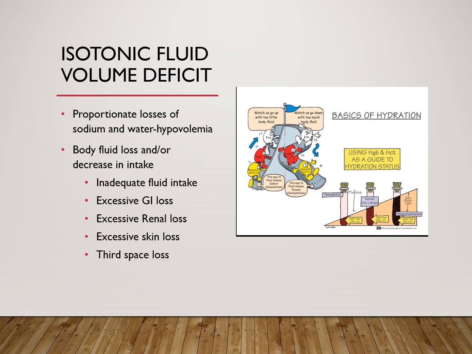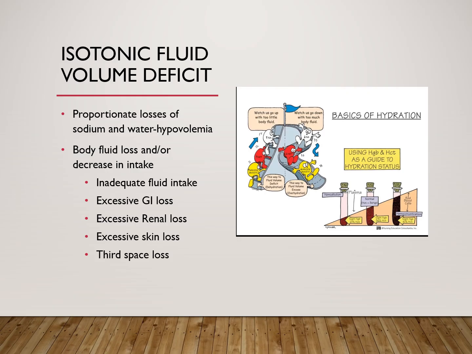And the final thing is something called third space loss. In third spacing, you are not necessarily losing fluid from the body. What you're doing is sequestering or moving that fluid into a space where the fluid is still in the body, but it's no longer part of that circulating volume. So these are fluids like that.